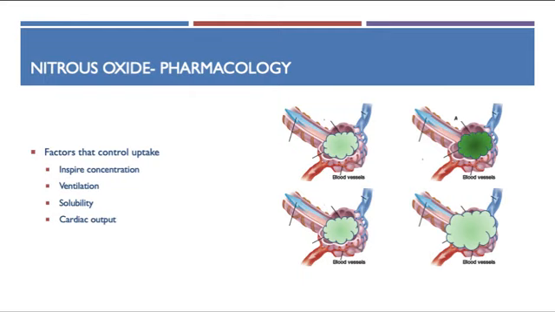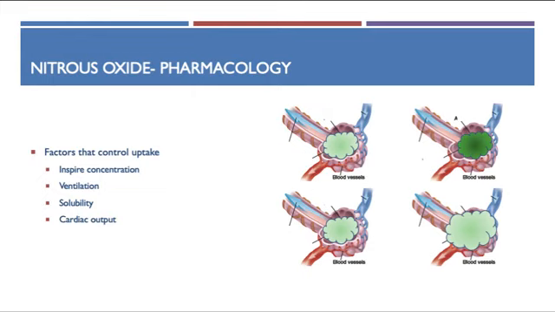The third factor is cardiac output. An increase in cardiac output will increase pulmonary blood flow, which then leads to an increase in the uptake of gas into the circulatory system. The higher the cardiac output, the higher the intake of distribution of a gas. Now, this doesn't necessarily mean that more gas will circulate through the CNS, and that's mainly because blood flow through the CNS is tightly regulated.